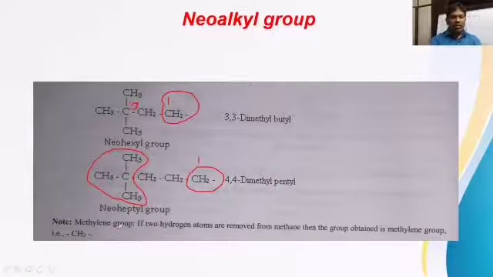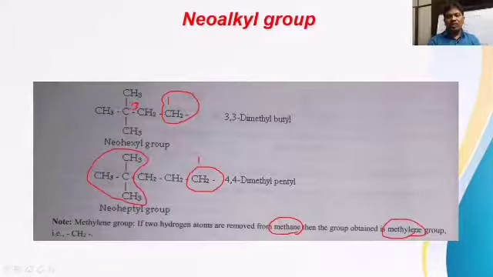Next thing we have to note is another group, the methylene group. If two hydrogen atoms are removed from methane, what is the formula of methane? CH4. From CH4, if two hydrogen atoms are removed, the group obtained is called methylene group. Methylene group is CH2.